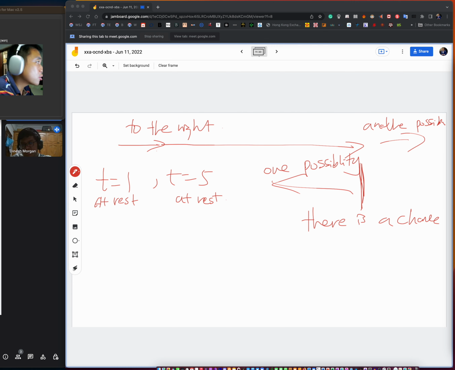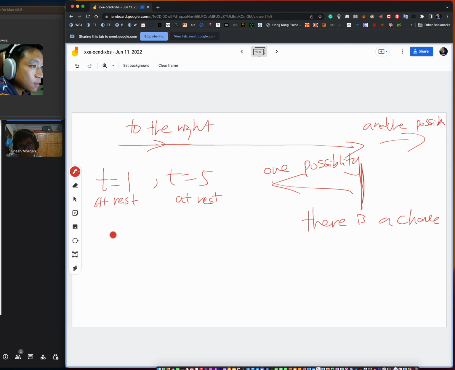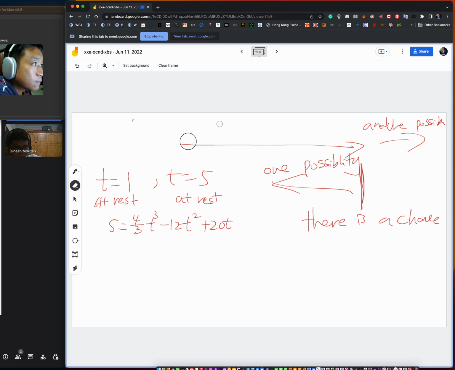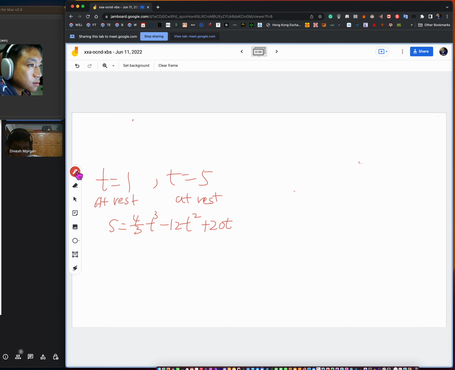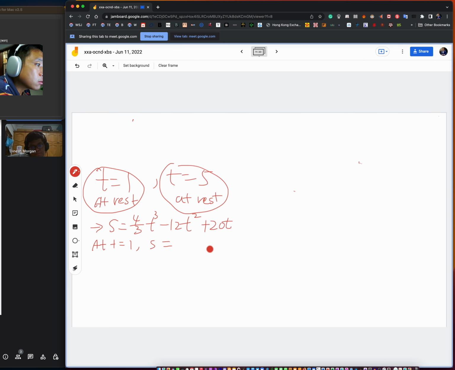Okay, so now let's go back to the displacement. You have to get the particle path sketched out. So t equals 1 at rest, t equals 5 at rest. This is the displacement formula. So displacement at t equals 0, if you sub it in, can you help me out? What's your displacement?